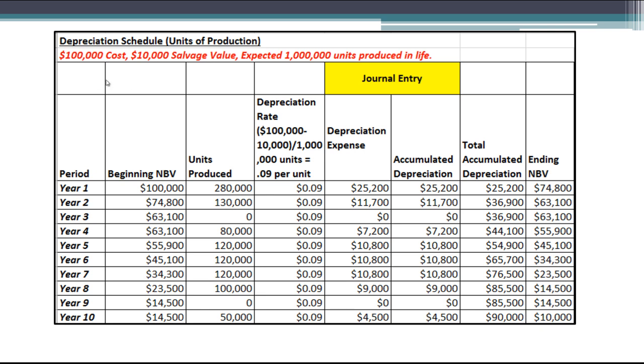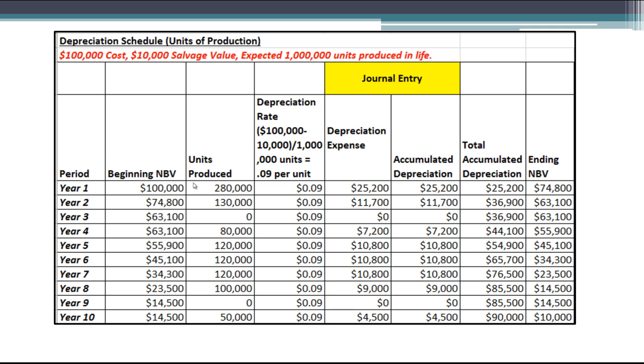The calculation we want is $100,000 cost minus the $10,000 salvage value. That gives us the depreciable cost, and then we're going to divide it by those 1 million units to get 9 cents per unit.